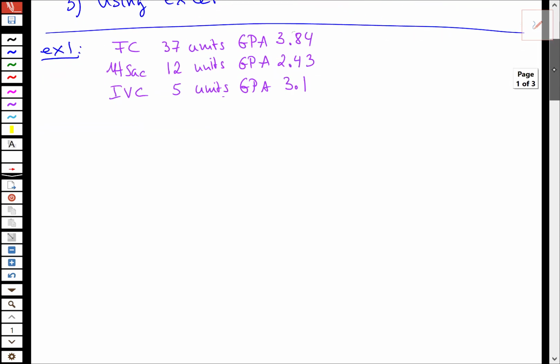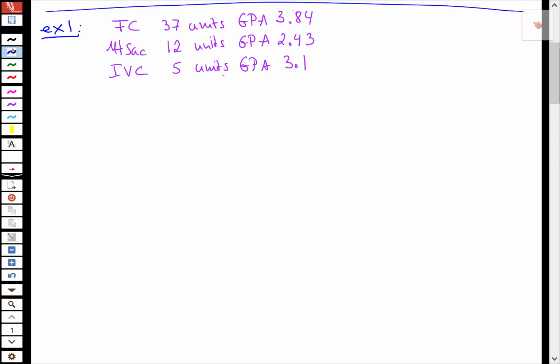So the way you do that is you're going to take the number of units you've taken, so 37, and you're going to multiply it by the GPA from that school. And then you're going to do the same thing for the other schools.